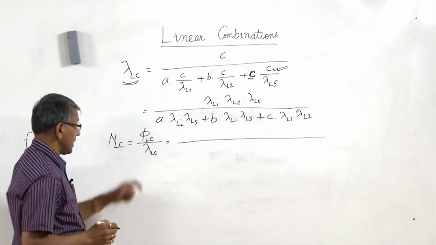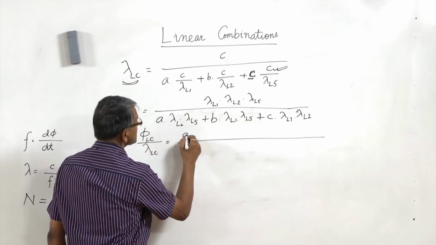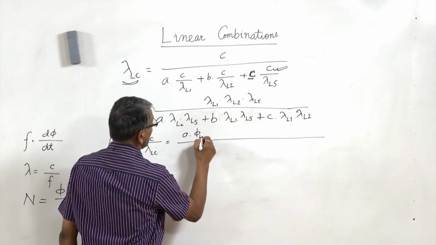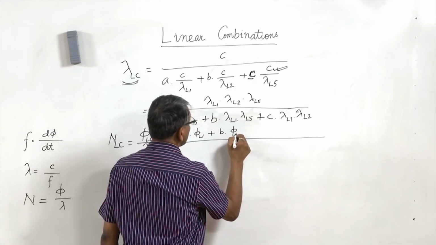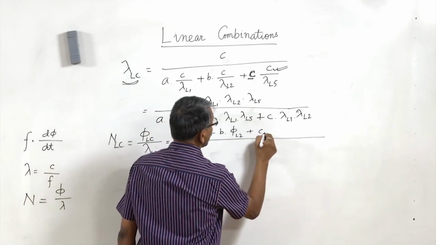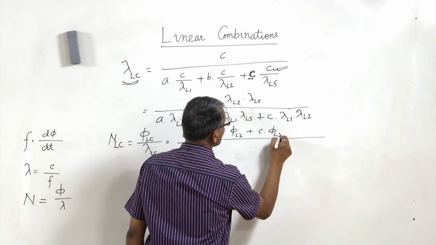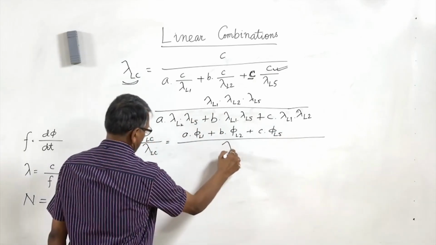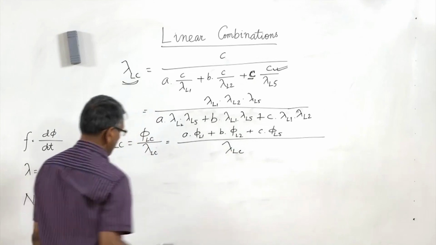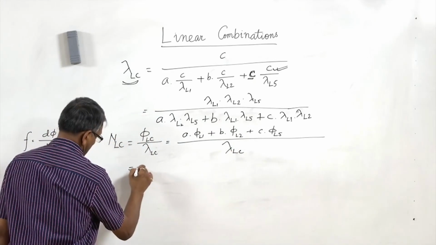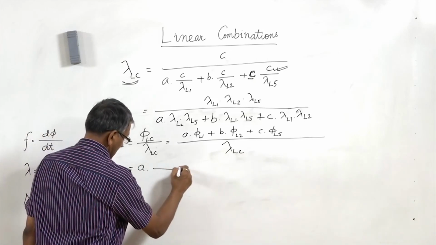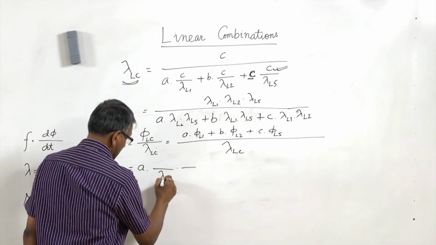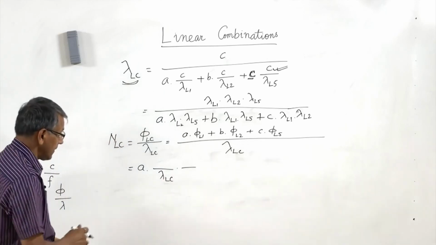Now, we know the phase of the combined signal is the summation of the individual signals multiplied by the constants, divided by lambda LC. So, we have to make some algebraic manipulation.